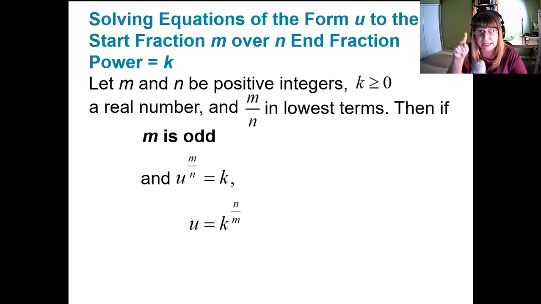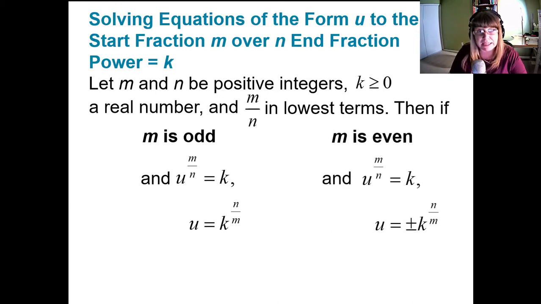If m is even, then u to the m over n equals k, and u would be plus or minus k to the reciprocal power. When it's odd, you don't need the plus or minus. When m is even, you do need the plus and minus.